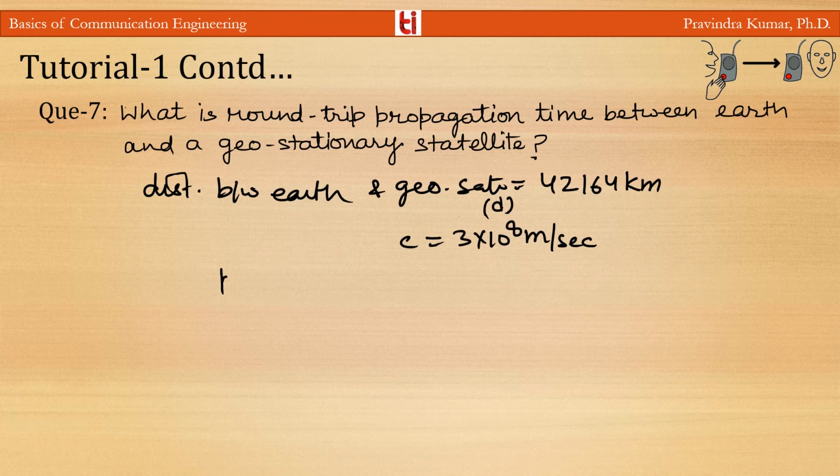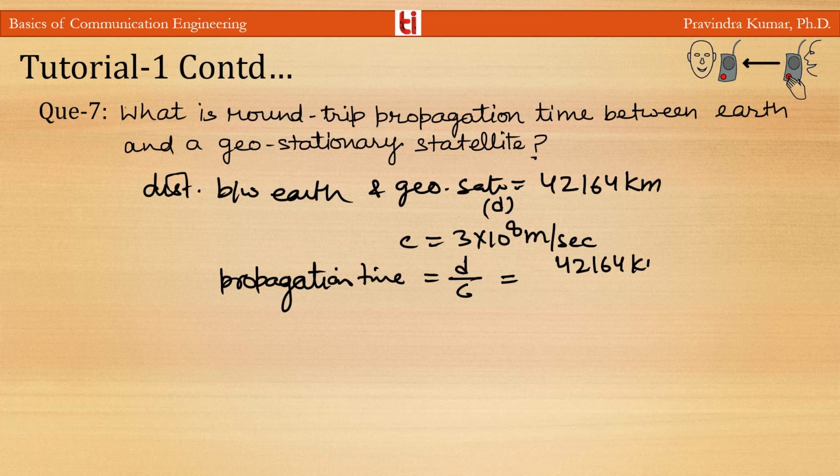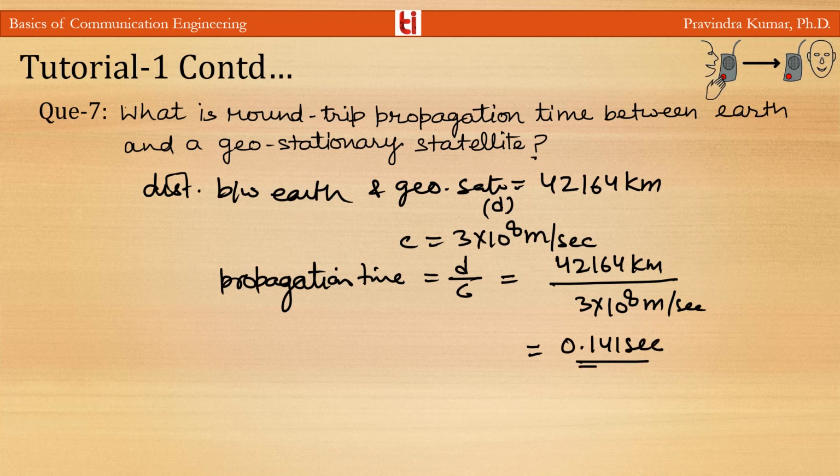So propagation time will be d by c, distance divided by speed, which is 42164 kilometer divided by 3 into 10 to the power 8 meter per second, or you can say it will be 0.1141 second. So the propagation time is this.